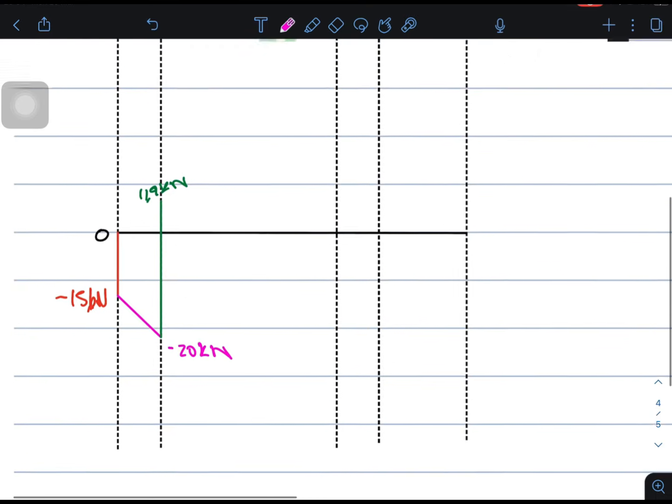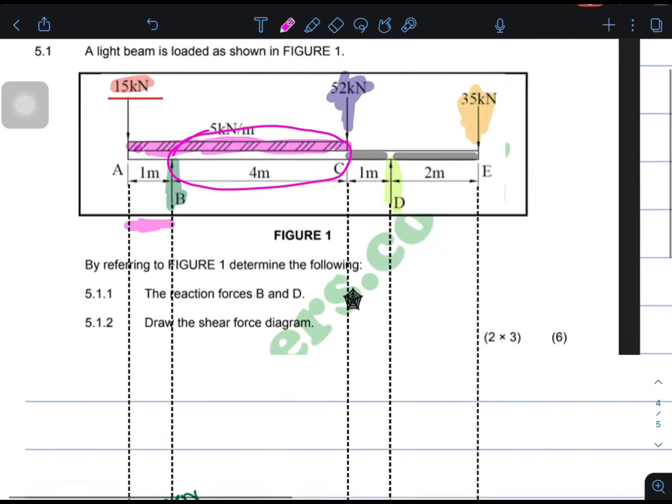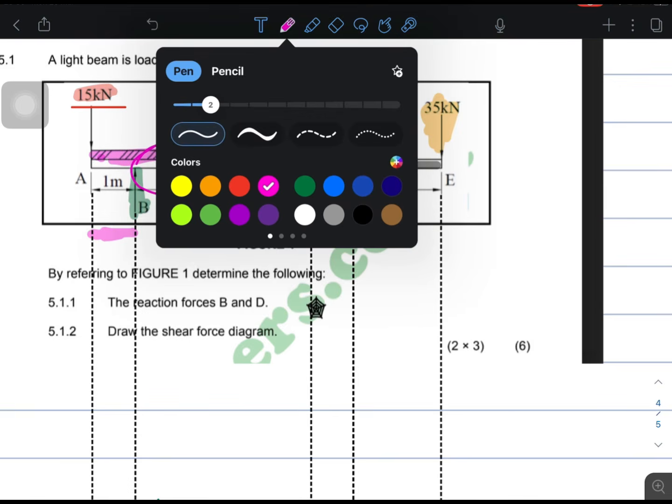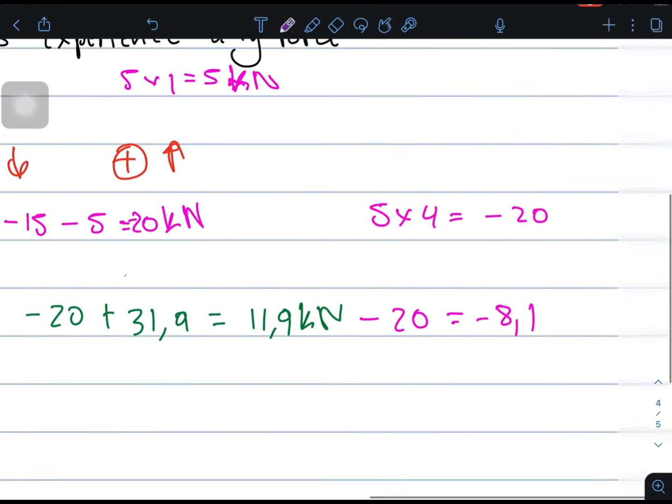So negative 8.1, let's say it's somewhere around here. It's below 15, it's below 20. So I said I use a diagonal line to draw a uniformly distributed load. Okay, that is negative 8.1. Then I see that I have a downward force, which I said I'm going to use this color for: 52 kilonewtons downwards again.